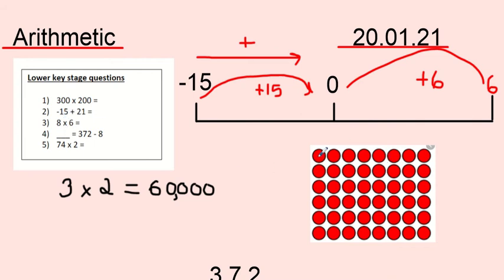So if I look at my first row here, I've got 1, 2, 3, 4, 5, 6, 7, 8. So I've got 1 lot of 8. And I want 6 lots of 8. So I've got 1 lot, 2 lots, 3 lots, 4 lots, 5 lots, and 6 lots of 8.